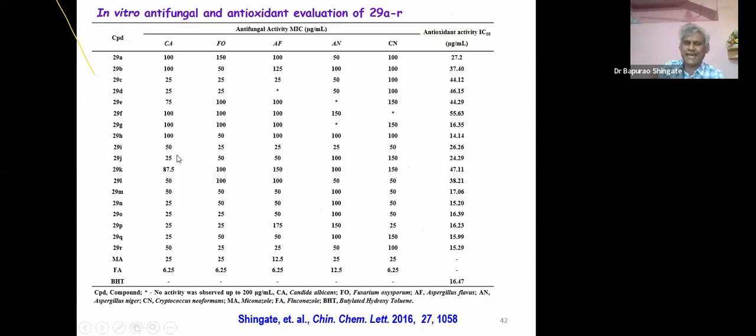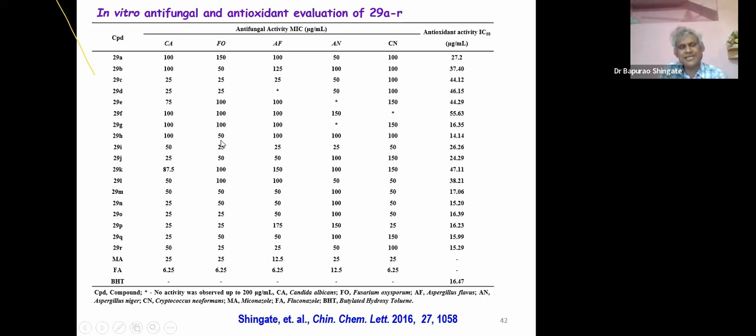And after characterizing by means of spectroscopic techniques, we have screened these particular compounds for their antifungal activity against the different types of strains, like 5 strains, as well as for antioxidant activity by using DPPH radical scavenging assay.